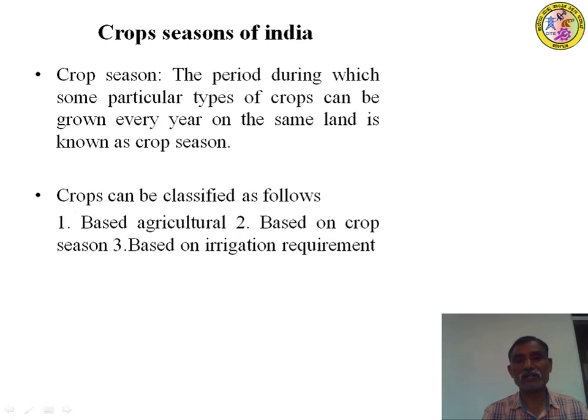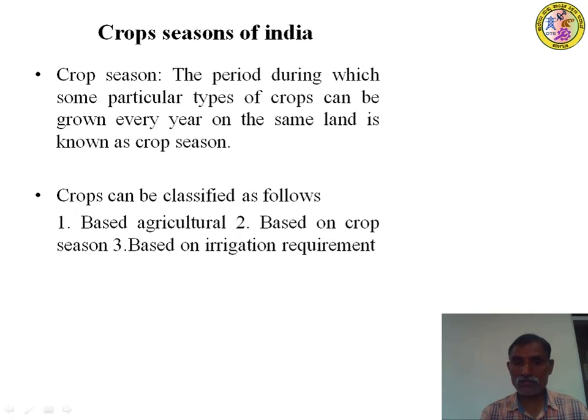Based on agriculture, the crops can be classified as field crops: wheat, rice, maize, barley, etc. Commercial crops: sugarcane, cotton, tobacco, etc. Oilseed crops: groundnut, mustard, castor oil, etc. Horticulture crops: fruit crops, vegetable crops, flower crops.